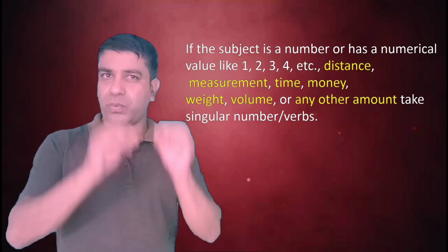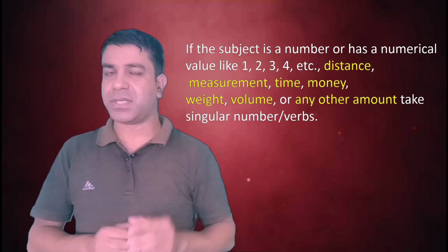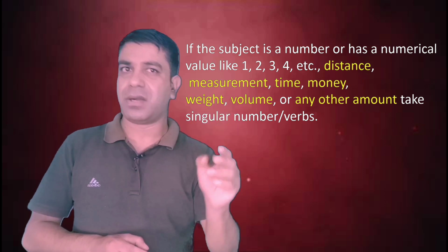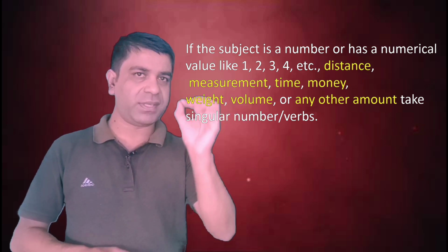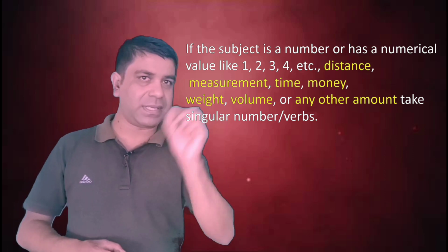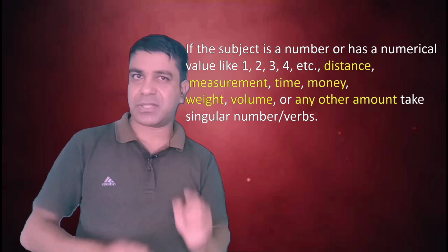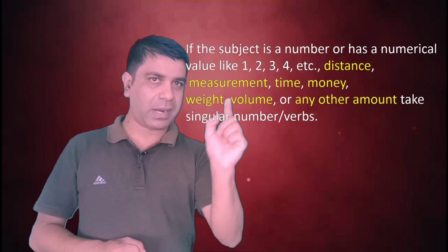For example, we always say 3 kilometers is, not 3 kilometers are, a long distance. 3 feet is, not 3 feet are. 3 weeks is, not 3 weeks are. 10 rupees is, not 10 rupees are.